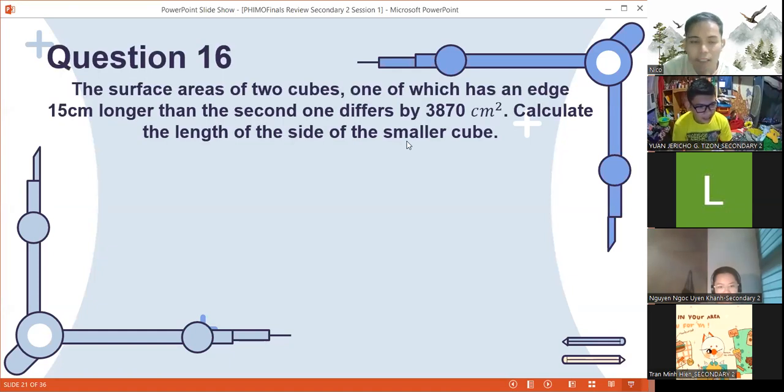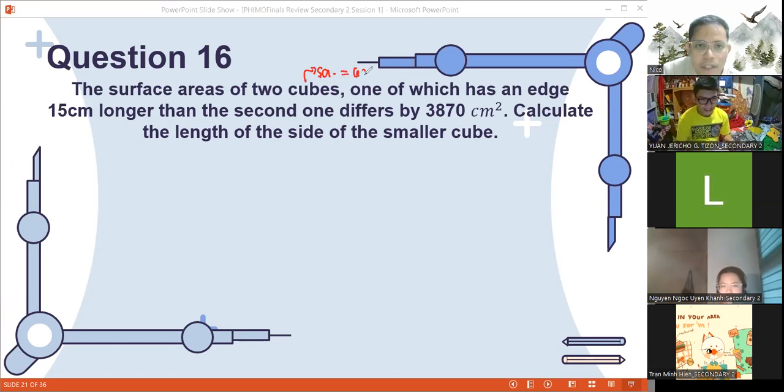Okay, let's have number 16. The surface area of two cubes, one of which has an edge of 15 centimeter longer than the second one, differs by 3870 square centimeter. So when it comes to cube, the surface area is 6s squared, right?